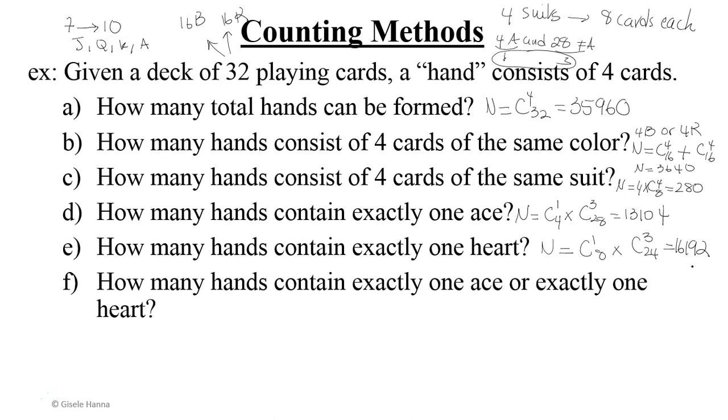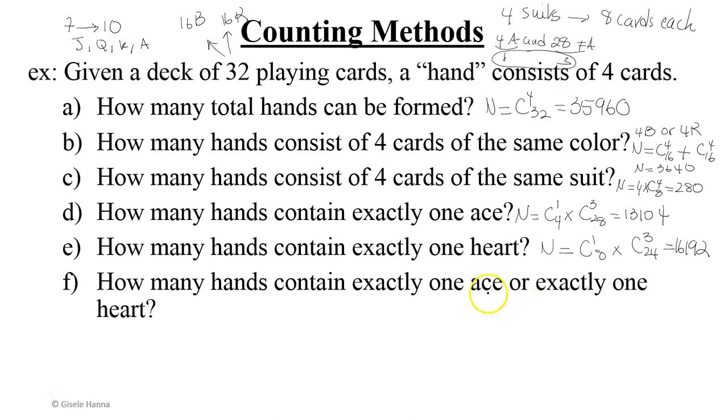Now, since it's an or, does it mean that it's the sum of the answer in part D and the answer in part E? So is it 13,104 plus 16,192? Actually, no, because whenever you say or, you add them only when they do not have anything in common.